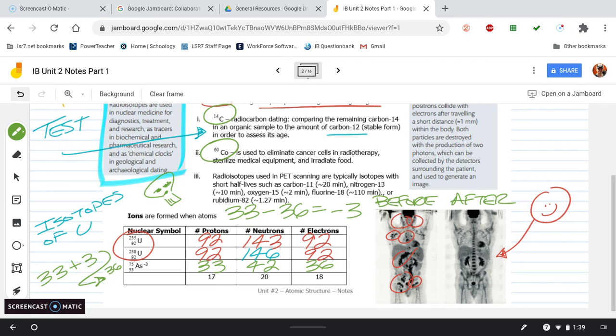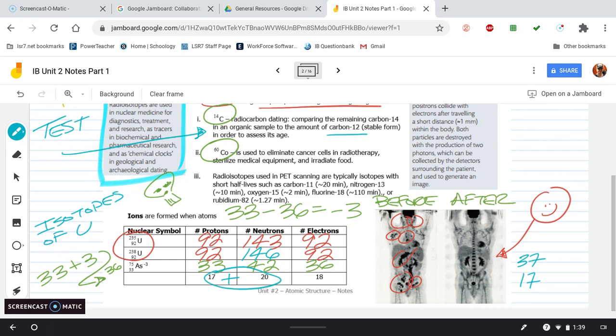And the last one, you've got to come up with the symbol, and I'm going to do it over in the corner because there's not enough space there. So let's do it over here. Let's go 17 on the bottom. That's 17 protons goes on the bottom. I'm going to add these two up to get the mass number. So 17 and 20 is 37.